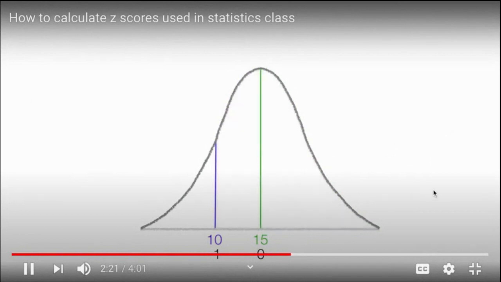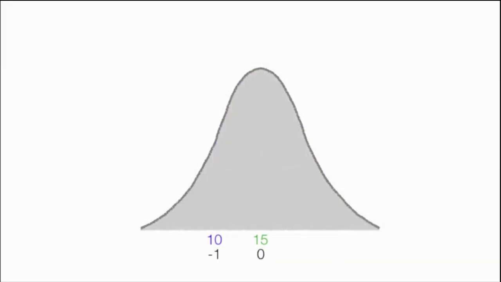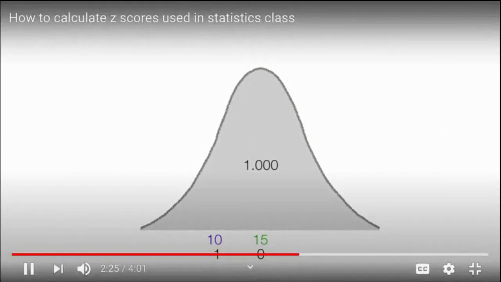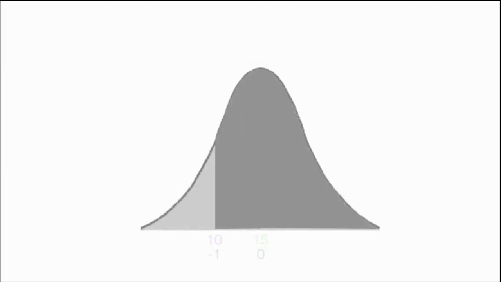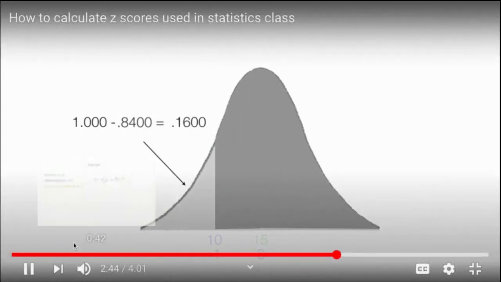The whole area under the curve, this gray area right here, is equal to 1, or 100%. The area that we just had was this dark gray area of 0.8400. So this light area, which we want to determine now, is 1 minus 0.8400, which is 0.16, or 16%.